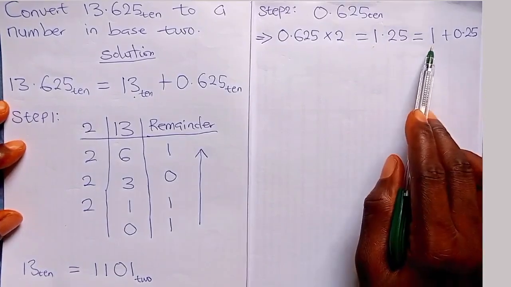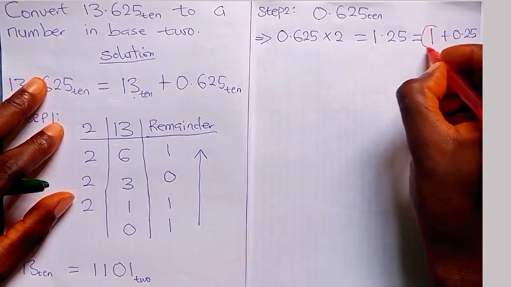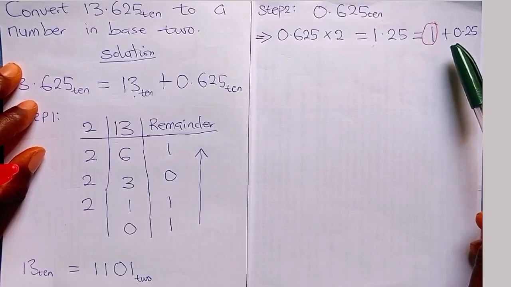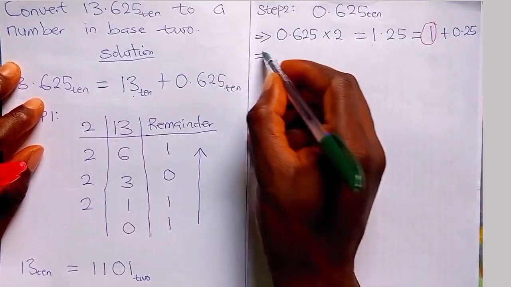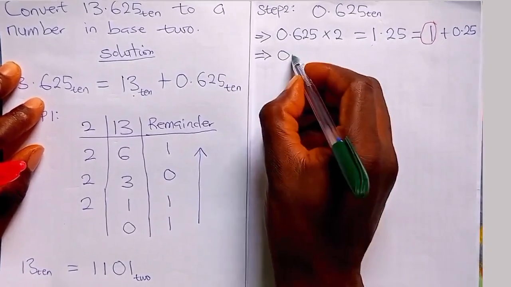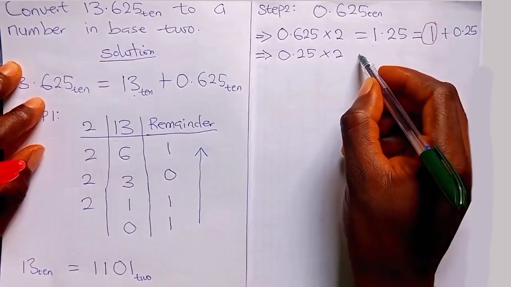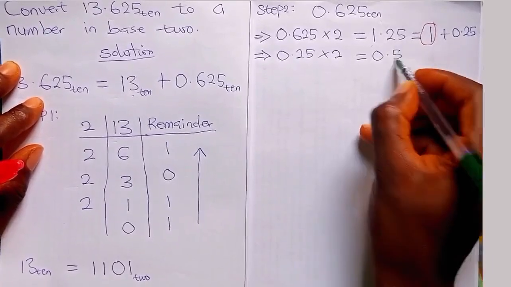So we take note of this 1. Then we continue our multiplication with 0.25. So 0.25 times 2 gives us 0.5.